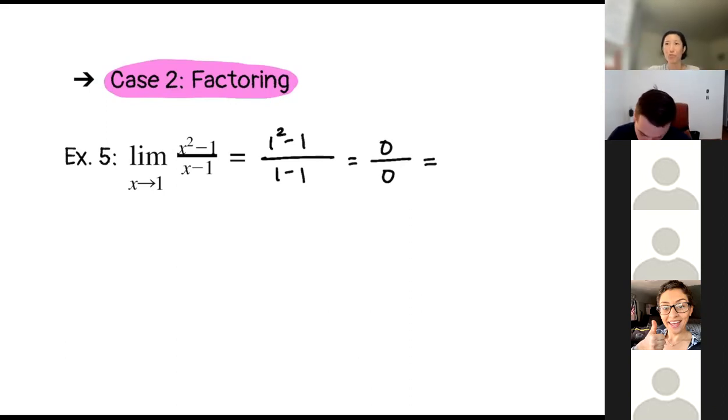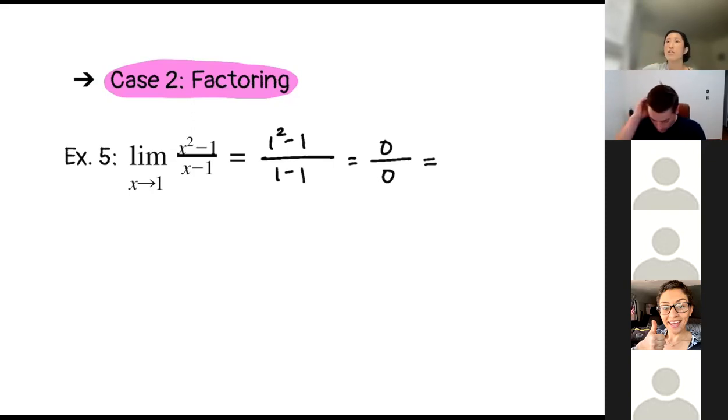Okay, so we've got these two answers, right? 0, or well, that's not 0. 0 or undefined. So when we divide by 0, meaning 0 is in the denominator, we obtain undefined.